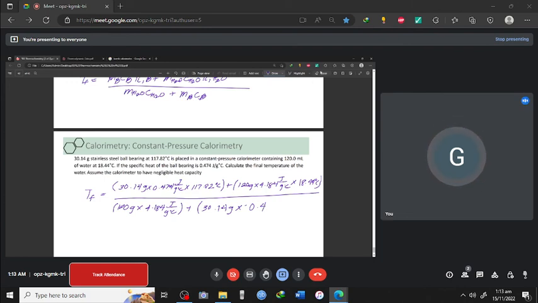Hindi negative yun. Baka malito tayo. Hindi negative to, ha? 0.474 joule per gram degrees Celsius.